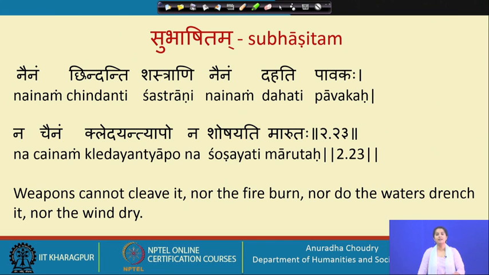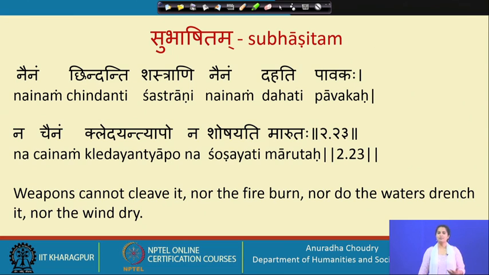Kledayanti means wet or drench, apaha is waters, which is always in the plural form. And na shoshayati, shoshayati means to dry up. Who cannot dry it? The winds, marutaha, cannot dry it up. So the entire translation of this is, weapons cannot cleave it, nor the fire burn, nor do the waters drench it, nor the wind dry.